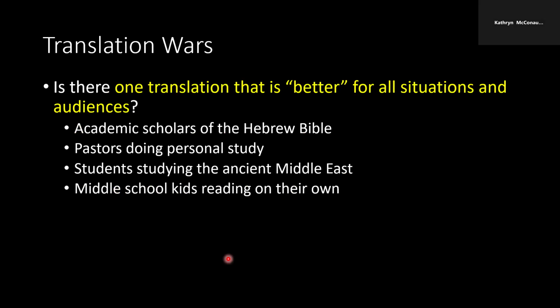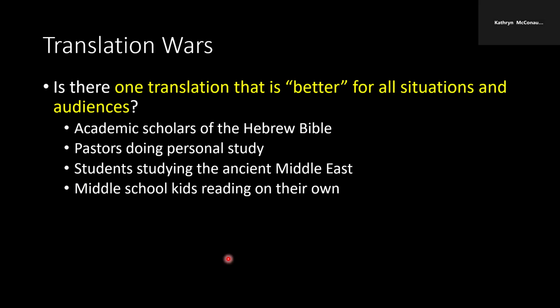You also want to think about, as you look at this, what kinds of audiences these different translations are good for. There's really no one translation that's better for all situations and all audiences. Depending on who you intend your translation for and what you expect your audience to do with it, you may want a different translation and a different level of authenticity to accessibility.